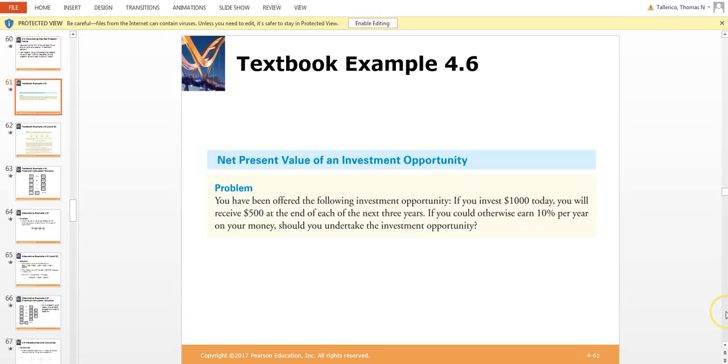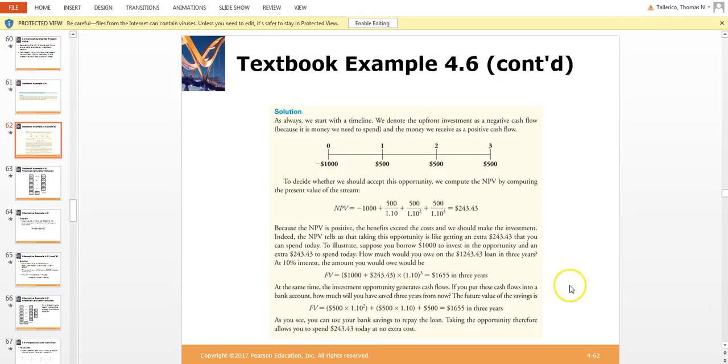They do show you in the slides, though, as an example. Here is a textbook example of NPV, and you can see they go through all this rigmarole with mathematics. You always want the present value of your cash flows to be greater than your initial investment.